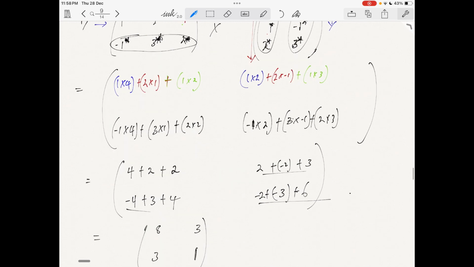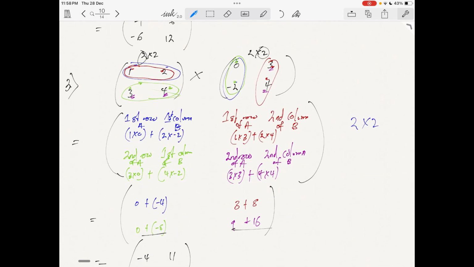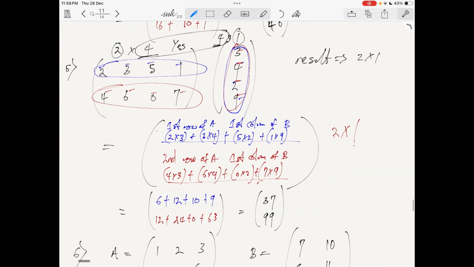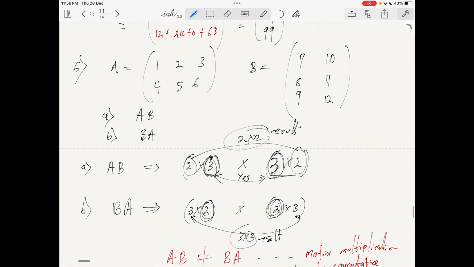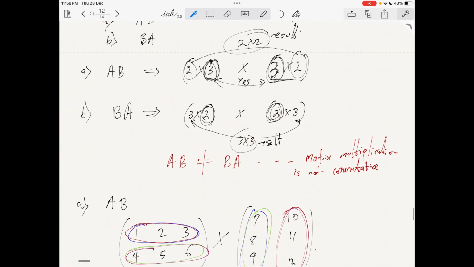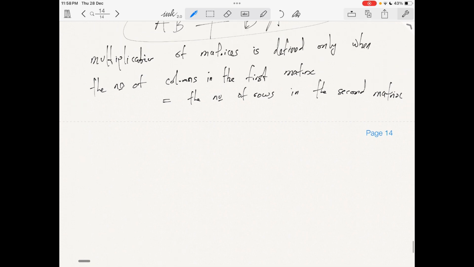We did a 2 by 2 matrix multiplied by a 2 by 2 matrix. We did 2 by 3 multiplied by 3 by 1. We did 2 by 4 multiplied by 4 by 1. We did 2 by 3 multiplied by 3 by 2, and the like. So we did about 7 examples, and we applied all we've been doing so far.